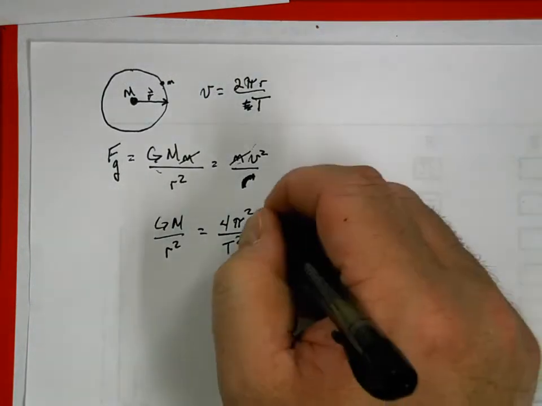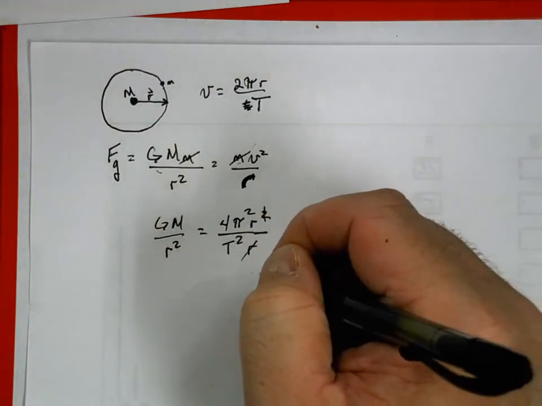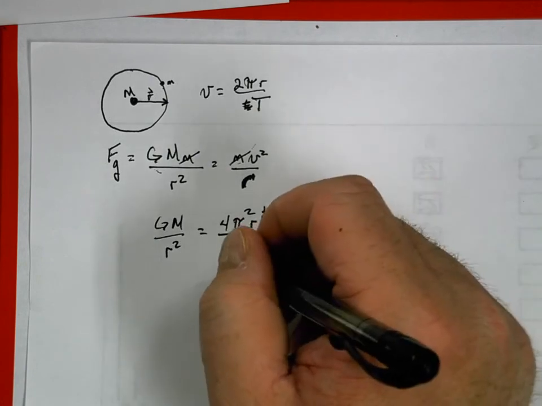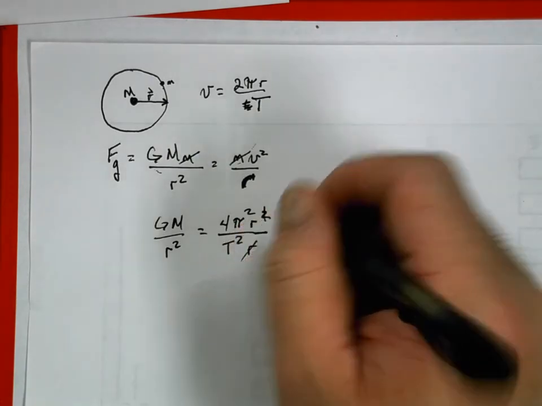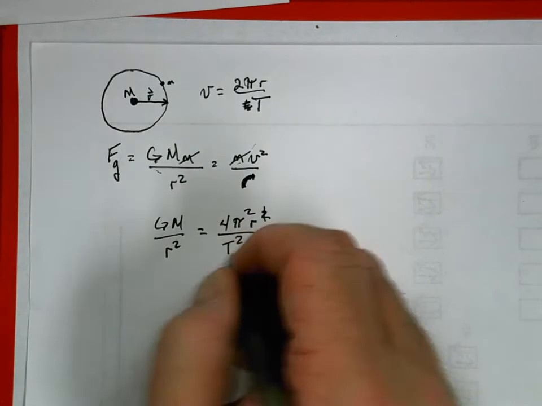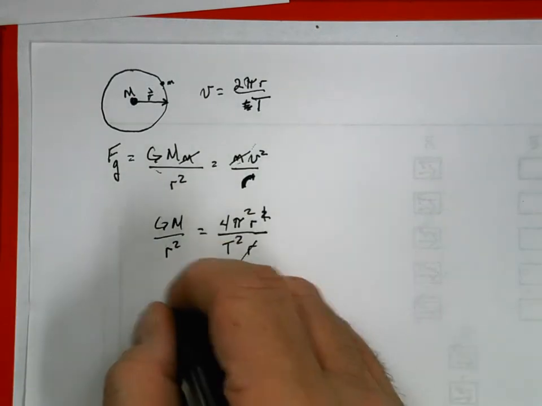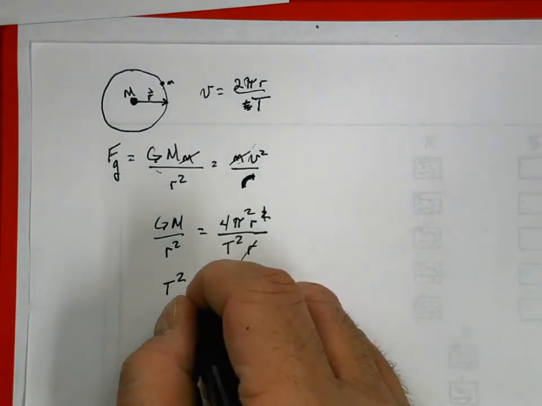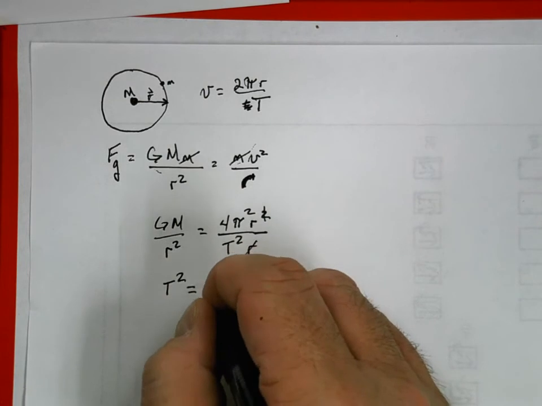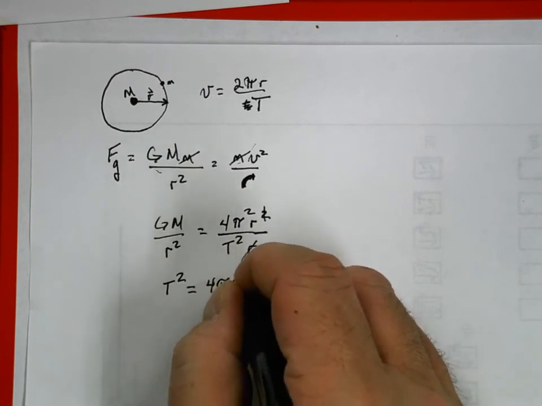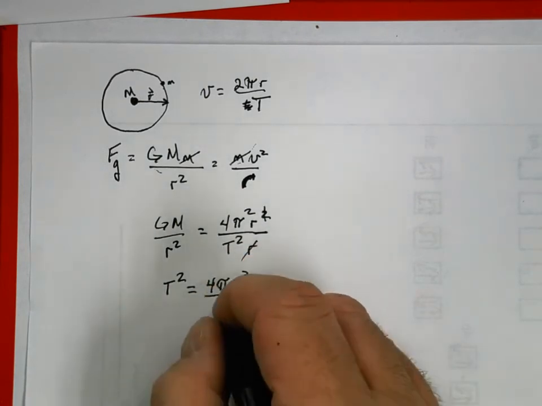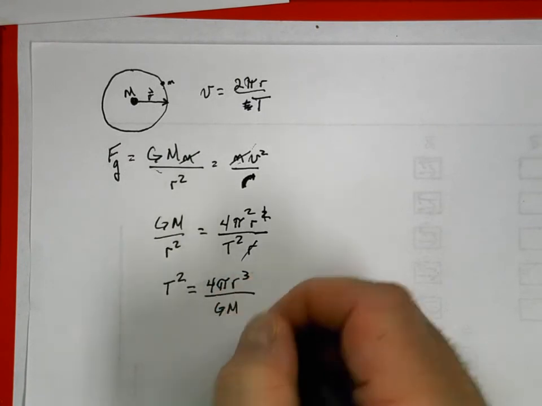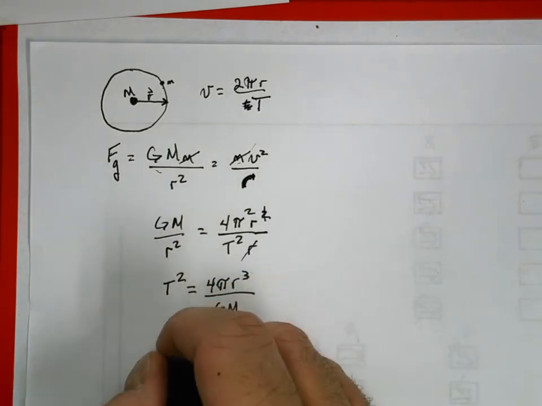One of these r's is going to cancel with that r. If we want to solve for T squared, we multiply T over here and flip it around, and we get T squared equals 4 pi squared r cubed over GM.